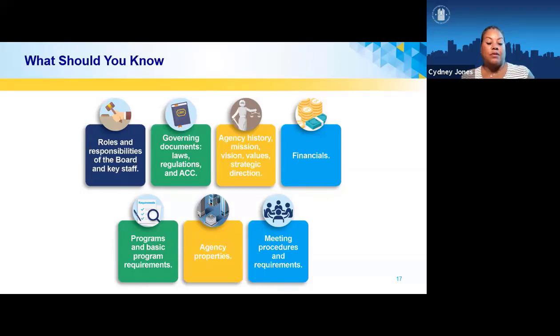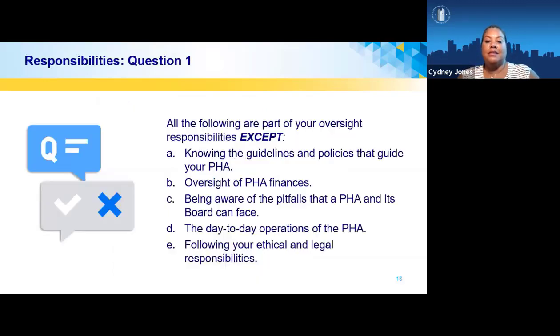Take a look at previous audit reports, understanding the program and basic program requirements, knowing which properties are being managed by the housing authority, what's part of the PHA's portfolio, and also understanding the meeting protocols, procedures, and requirements, and most importantly, being present at those meetings. Let's take a look at the next slide.